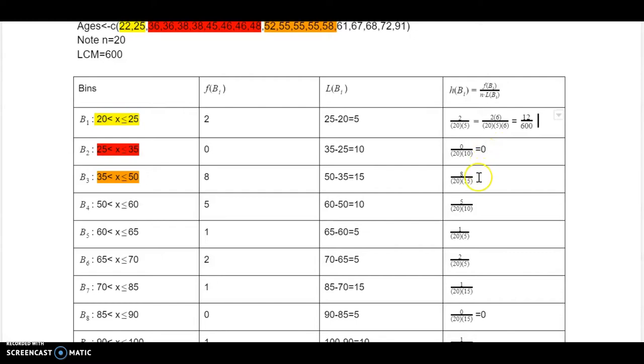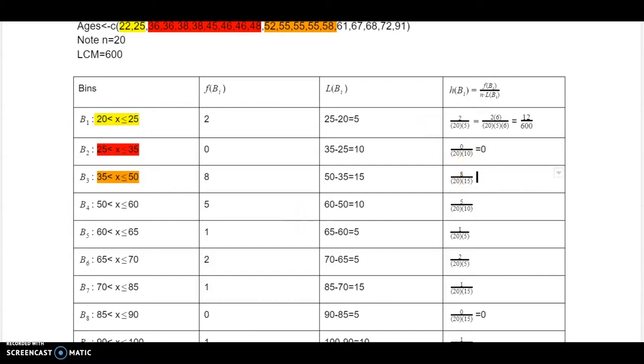For the second fraction, 0, we can leave that one alone. The third one now, we have 20 times 15. So if you go on your calculator, 20 times 15, that's going to be 300. So on the bottom right now, it's 300. So to make the LCM 600, you're missing a 2. So you're going to multiply top and bottom by 2 here.